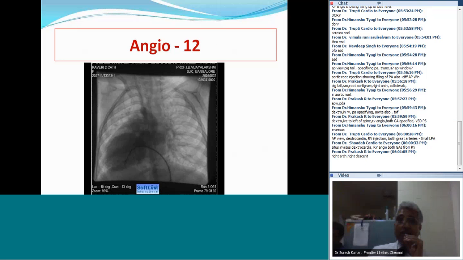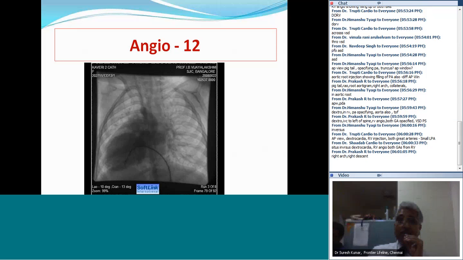Okay, another angiogram. What operation has this patient had? So maybe you can go about it in a methodical fashion.